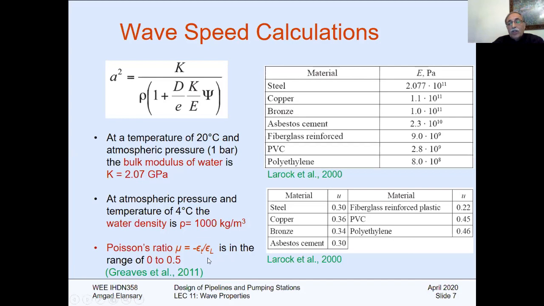The Poisson ratio can be derived, and the table here summarizes the different Poisson ratio values. As we noticed, the highest one is 0.46 for polyethylene. The smallest one in this table is fiberglass, which is 0.22.